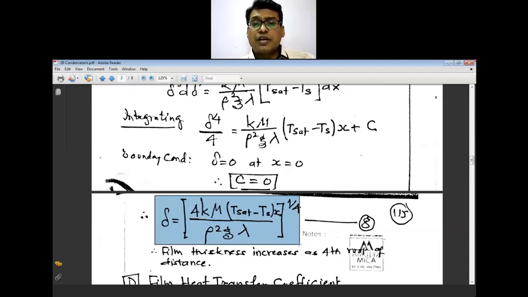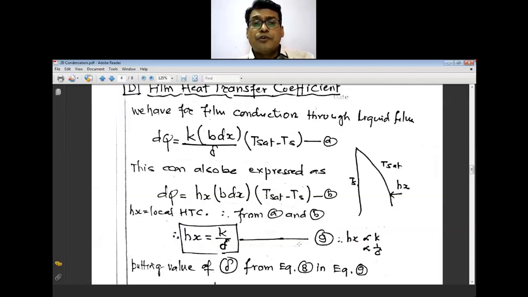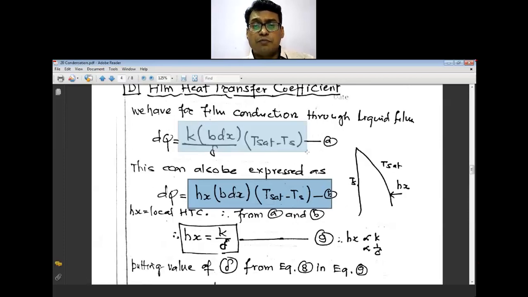Then the heat transfer coefficient is calculated by equating hx a delta T with the conduction equation, conduction through the liquid film.